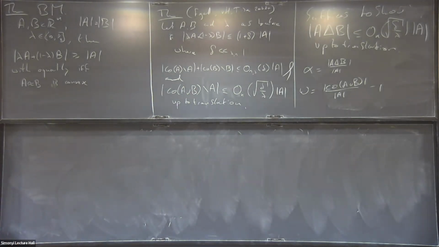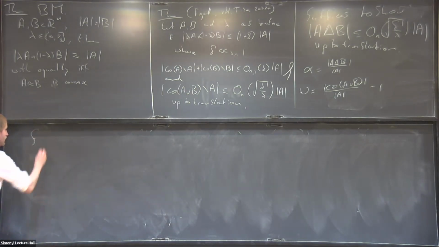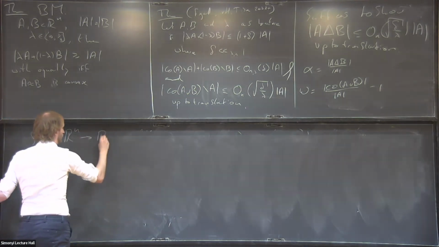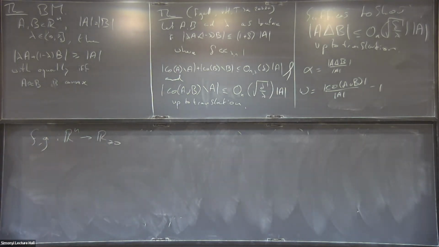So the basic notion is, okay, we've got this thing for subsets of Rn. What if we want to say something about functions? Let's say non-negative functions on Rn.